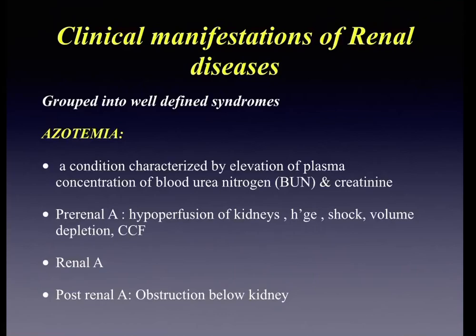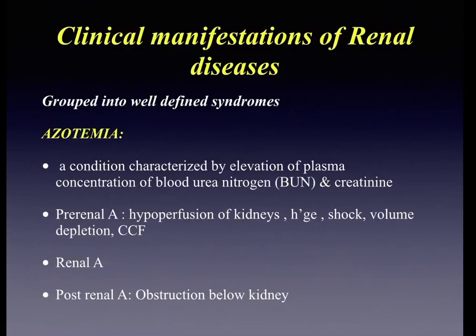Now let us discuss the various clinical manifestations of renal diseases. As such, the renal disease manifestations are grouped into well-defined syndromes. The first one is azotemia. Azotemia is a condition characterized by elevation of plasma concentration of blood urea nitrogen and creatinine.